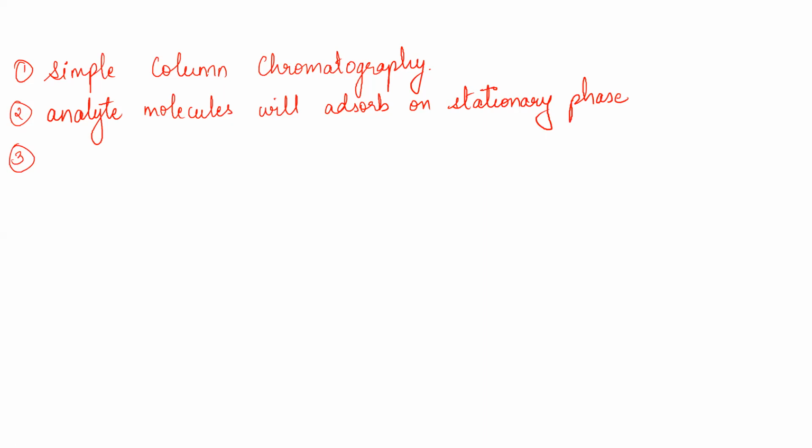When we were talking about partition chromatography, we were talking about solubility. We were not talking about adsorption there. We were talking about two different liquid phases which are immiscible, which are not going to mix into each other. So we are talking about the partition. The analyte will be more soluble in the stationary phase and less soluble in the mobile phase, and vice versa. Here in adsorption, we are not talking about solubility affinities, but we are talking about adsorption affinities.